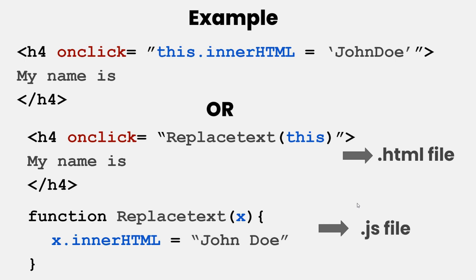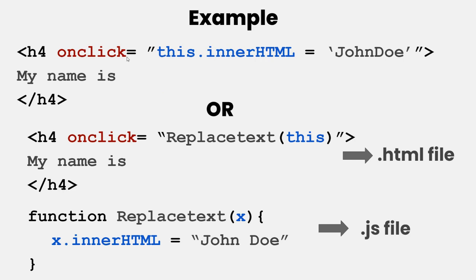When I treated the DOM, I said that all HTML elements are objects under the DOM. The most superior object there is the HTML element, and then other objects are within either the head or the body. I wouldn't be diving into the DOM again, but just know that all elements are objects. So the this keyword here refers to the entire heading 4 object.